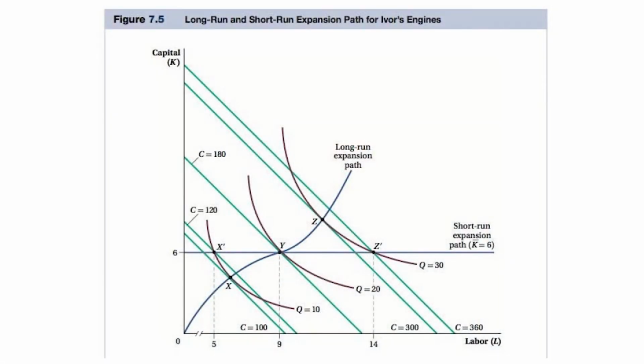So that's talking about long-run costs and short-run costs. Whenever you see fixed costs, that means you're talking about the short run. And so figure 7.5 brings back the isocost graph. If you remember, that's the graph that has the two different inputs on the axes. And they're giving you a geographic proof that the long run is lower cost per output than the short run.